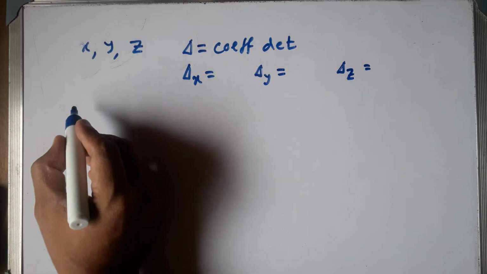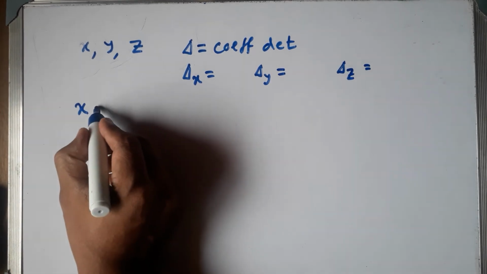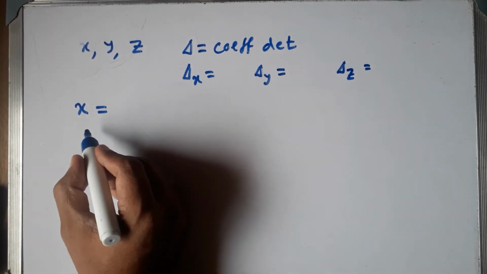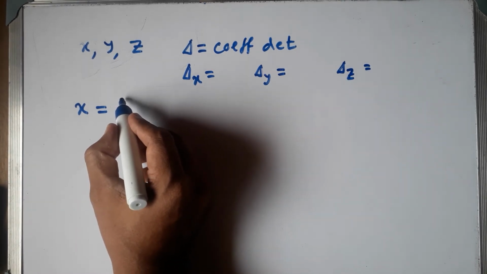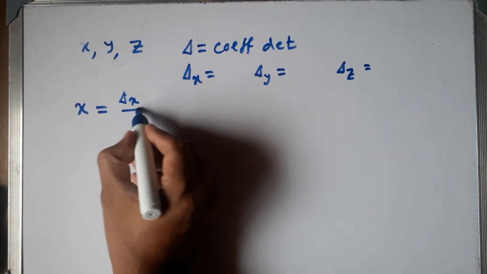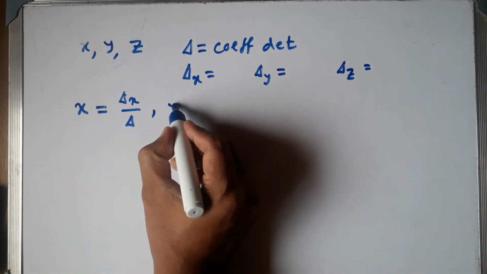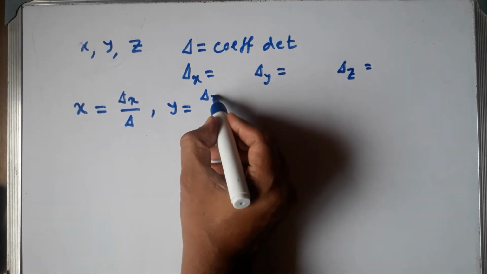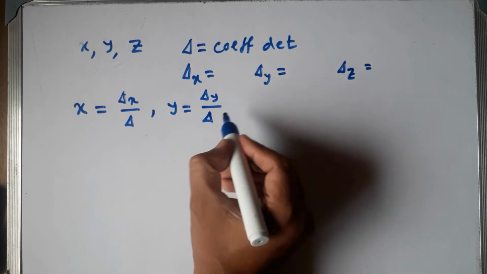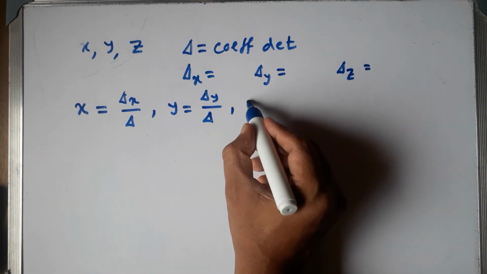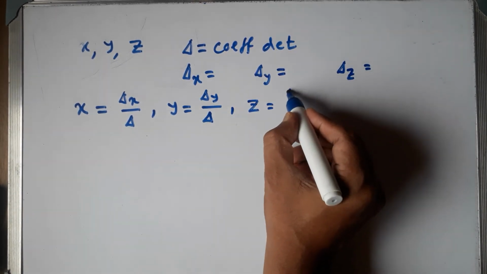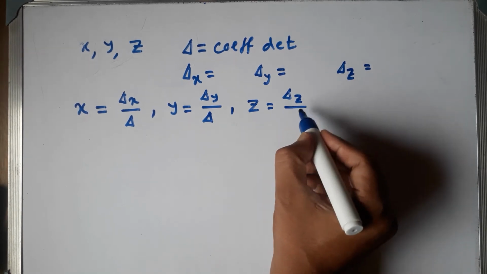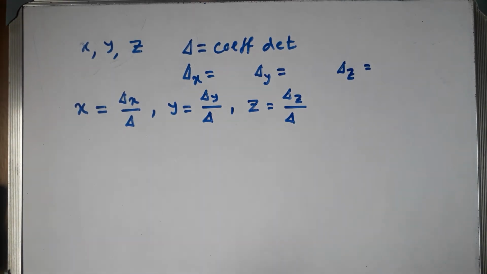Then the relation, or solution, is x equal to delta x divided by delta, equal to delta y by delta, equal to delta z by delta. From here we will get some conditions.